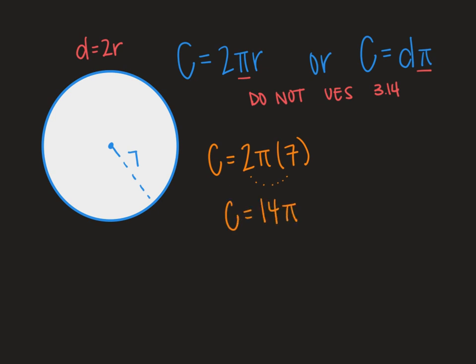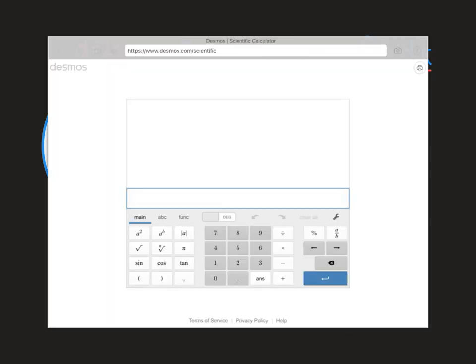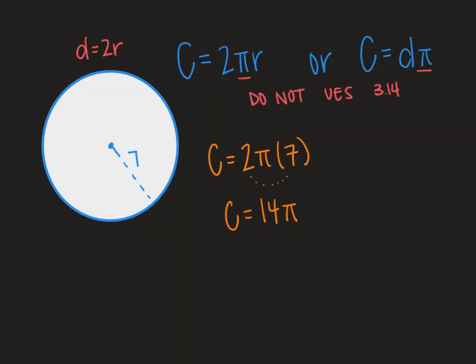And we're going to go to Desmos.com again and put this into the calculator. So I have 14, and the pi symbol is right here. So I see my answer is 43.98. So we have our circumference equals 43.9822.